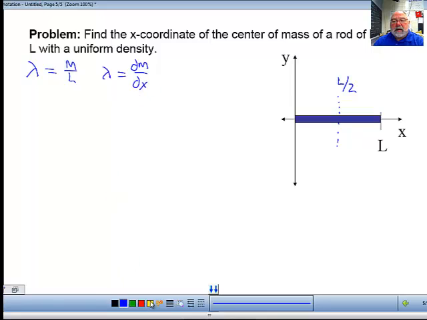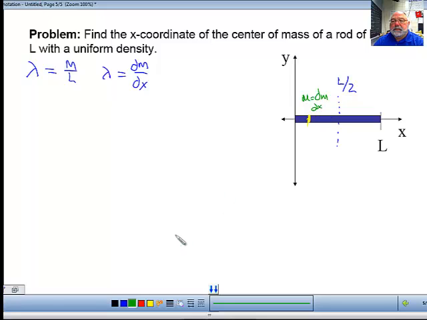Okay, so that would be, let's say, for example, this little yellow slice here. It has a mass equal to dm, and the size of it is dx.